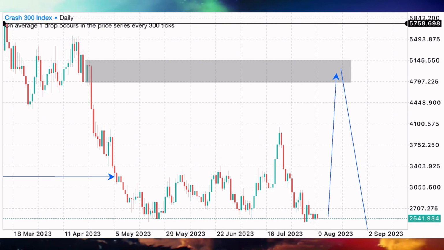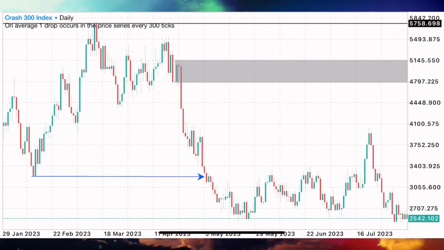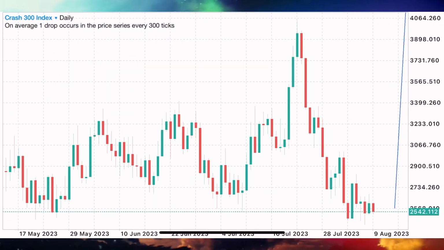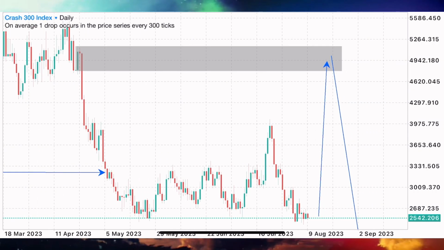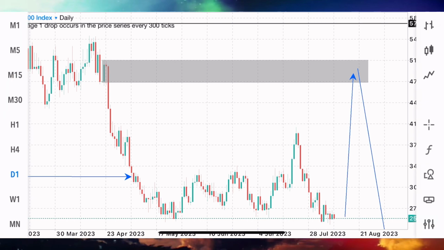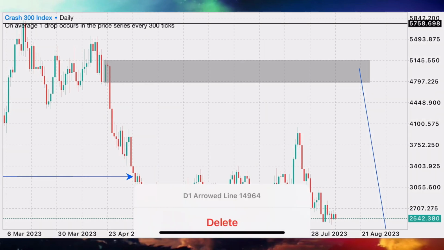After I've done this, the next point is to zoom in. Zooming in, I want to see the low that broke internal order flow, because that is going to be my swing lower low.